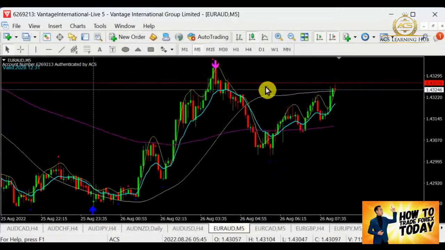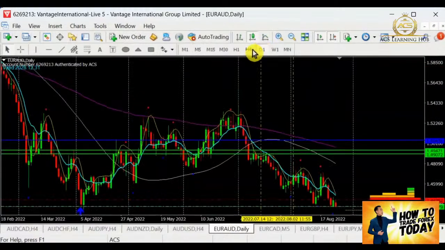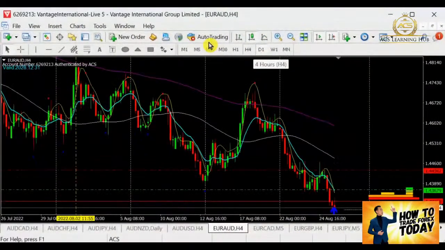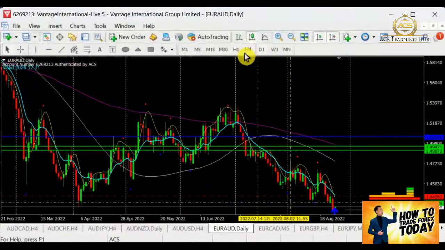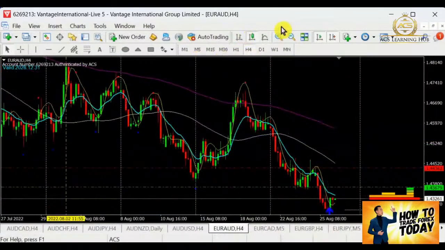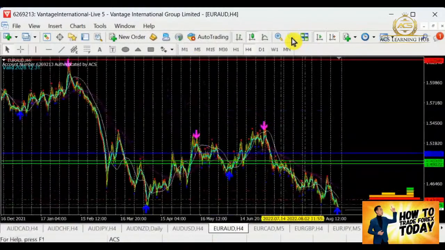All right, so Euro Aussie over here. We are now looking out for a bear, selling, correct? Bear in the bear, and we are going to sell this. So how good is it to sell for now? Let's take a look. Is there any chance for us to sell at this point?